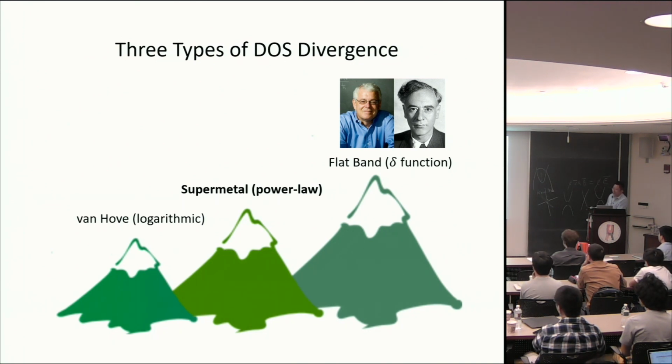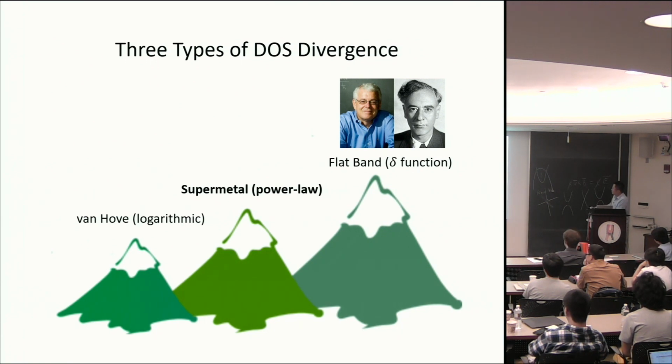If you have a van Hove singularity in 2 dimensions, the density of states has a logarithmic divergence. The full bandwidth may not be that small, but you get a log divergence at the particular energy. I'm going to describe another version, what we call a high order van Hove singularity, where the density of states has a stronger, power law divergence.